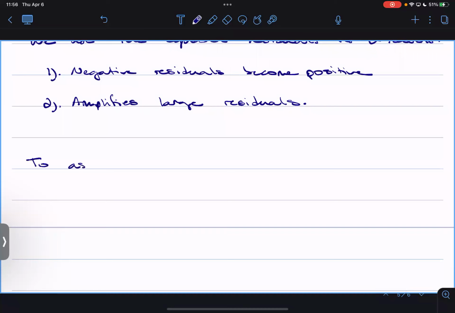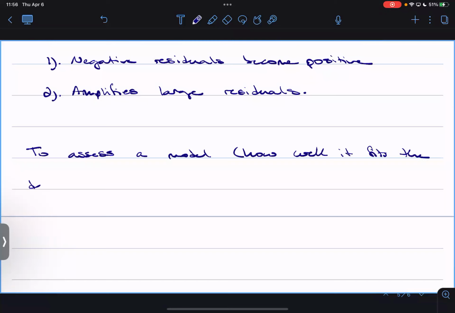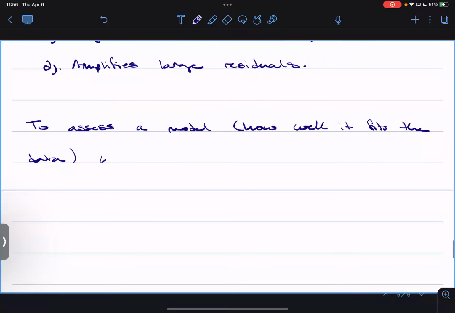Now, to assess a model, how well it fits the data, we conduct a residual analysis.